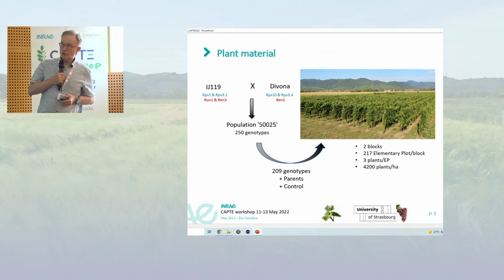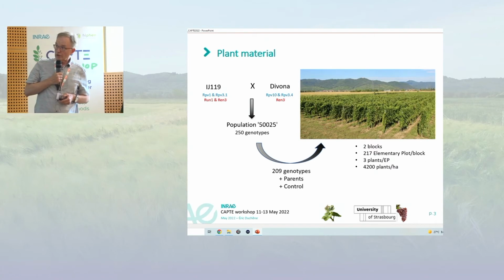We have a population that we call 50025, where we have 250 genotypes. Among these 250 genotypes, 209 of them are planted in this vineyard. We also have the parents, so these two, and a control, which is a Chardonnay.